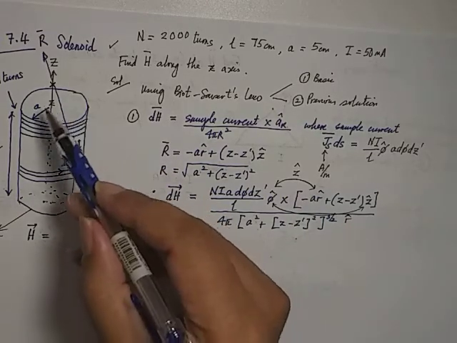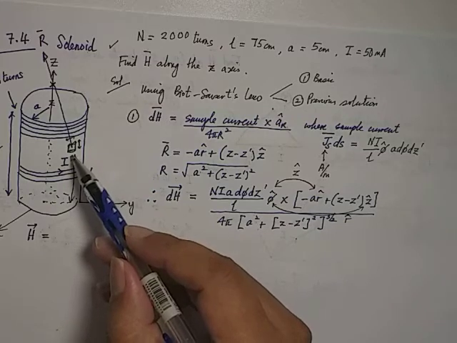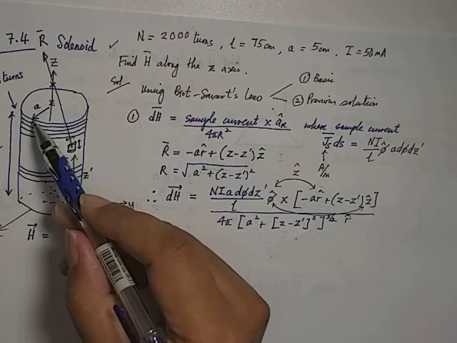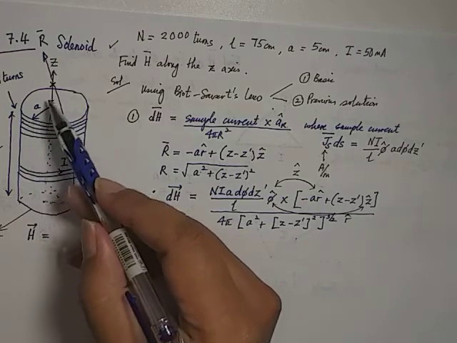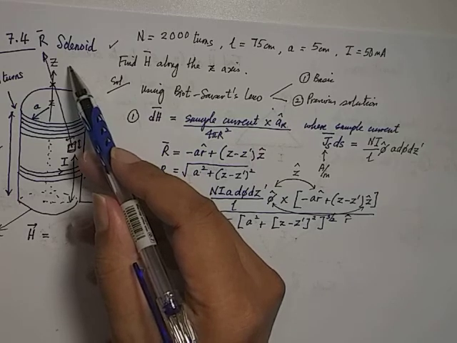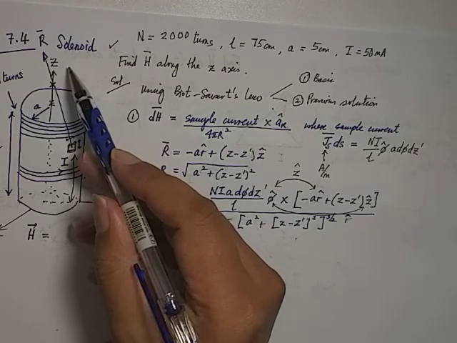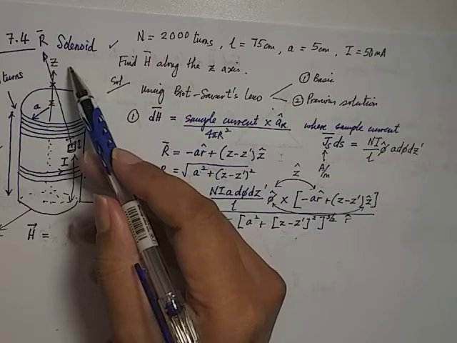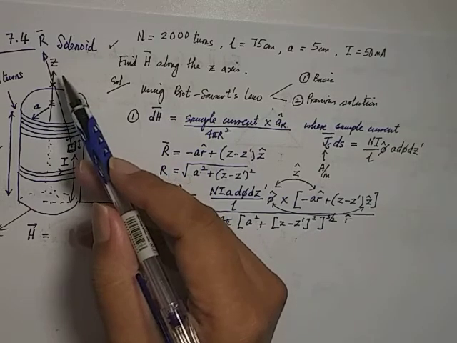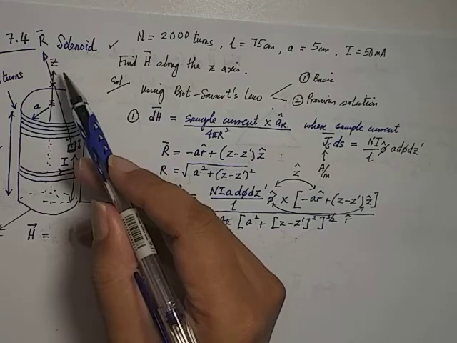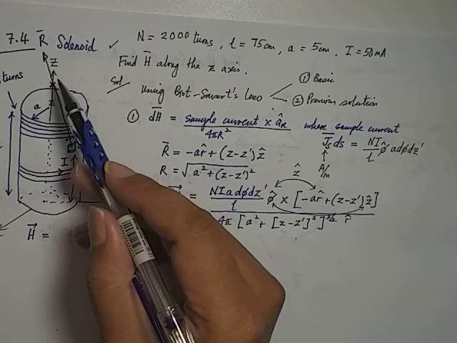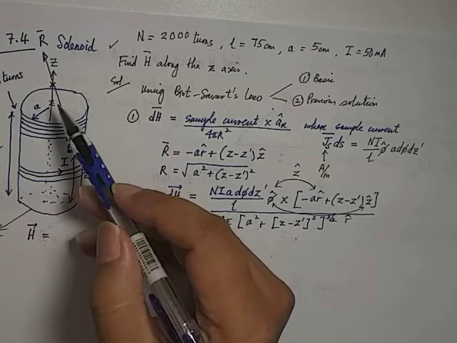Due to the nature of our source, we can determine a sample opposite to our first sample. The second sample also produces its own magnetic field with two components, R and Z. So when we sum the field, the R component will cancel out, correct? And the final solution after the integration will only be the Z term.